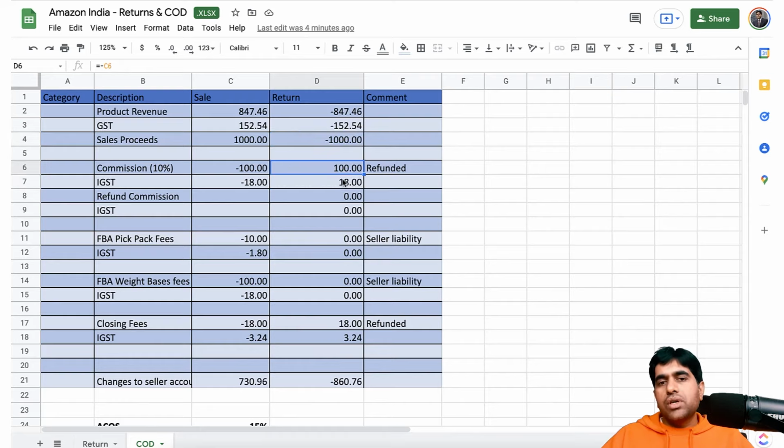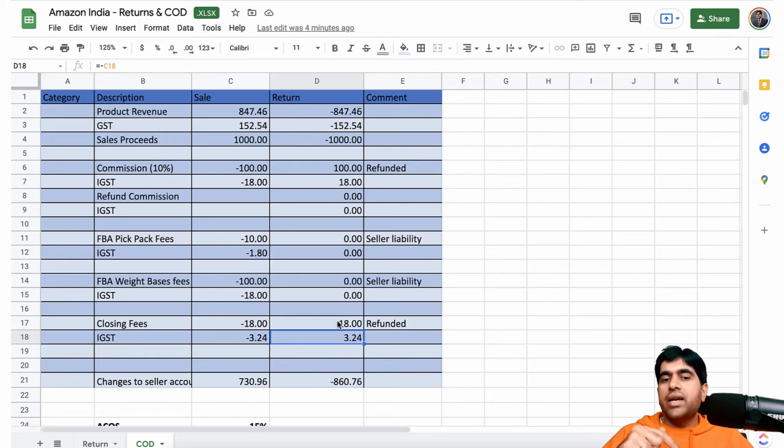They are not charging any refund commission. They don't refund anything on the pick pack fees or the weight based fees, and they refund the closing fees, right?